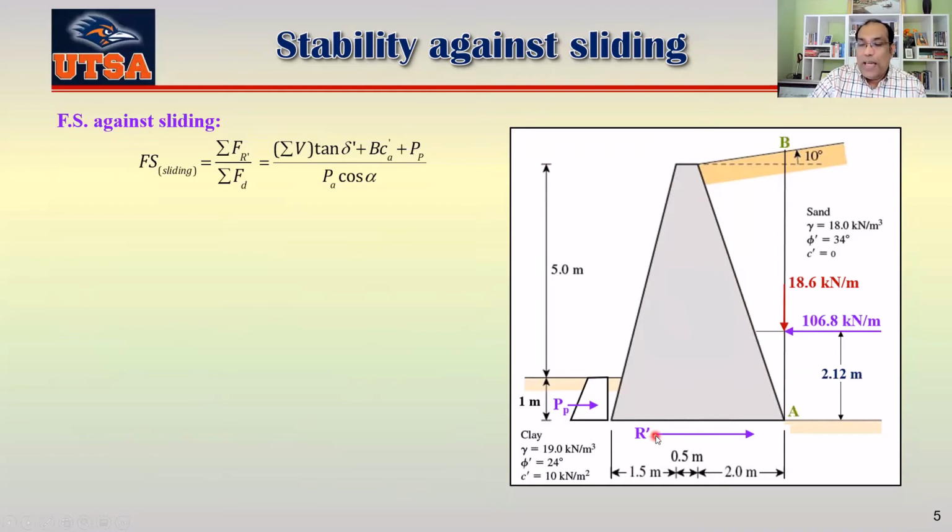So we add these forces, and when we divide that by this force, that's basically your factor of safety against sliding.